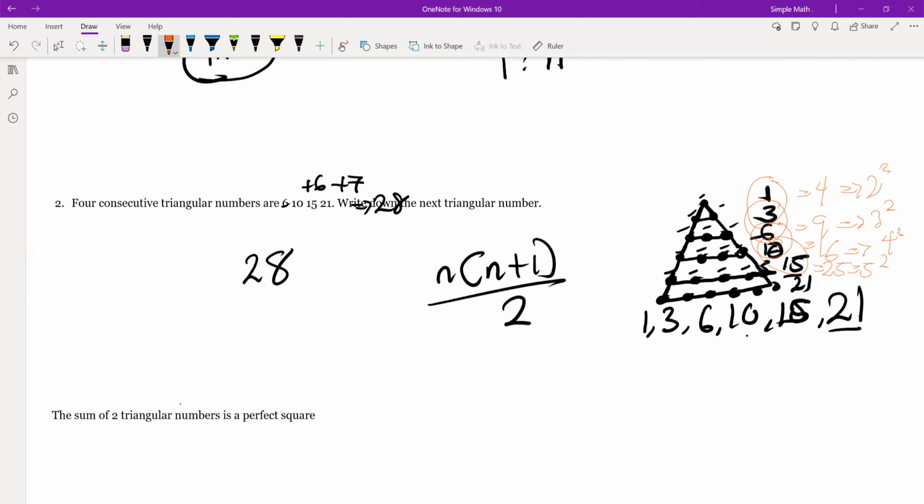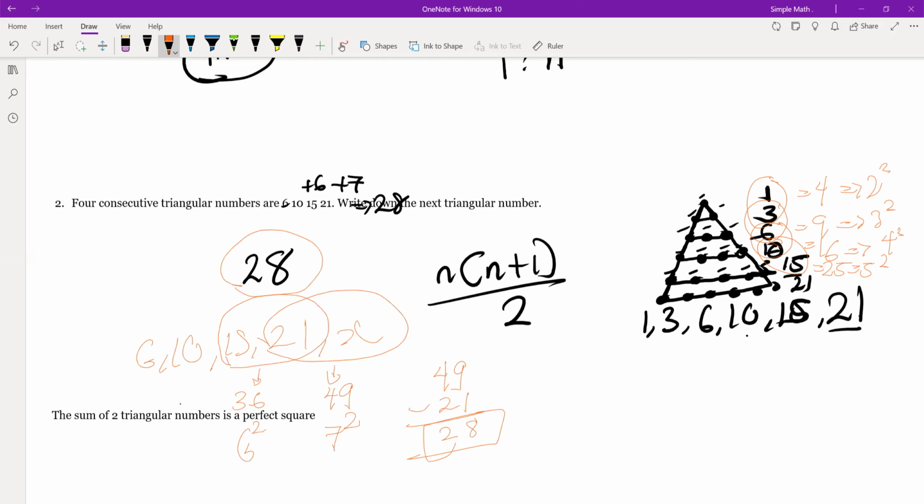So if I add 21 and the next triangular number, it should give me the next perfect square, which should be 49, which is 7 squared. And what is 49 minus 21? 9 minus 1 is 8, 4 minus 2 is 2. 28. So you can see how you can answer questions on perfect squares.